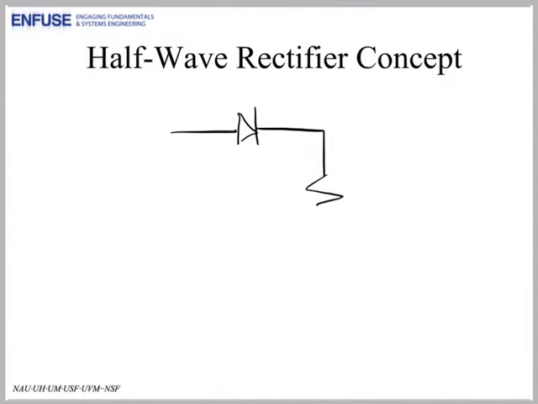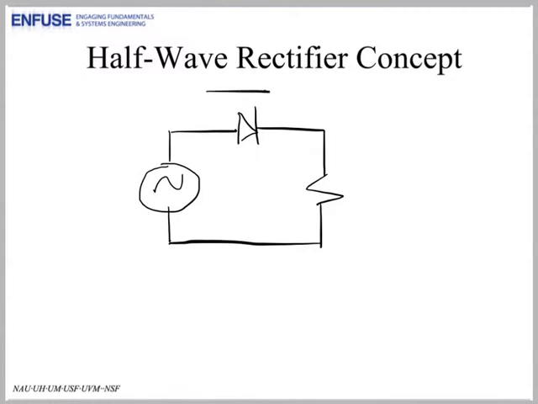Here is the load, and we connect to it an AC source. Now this is very generic, but the idea here is that this diode only allows the current to flow this way. It does not allow it to flow the opposite direction.